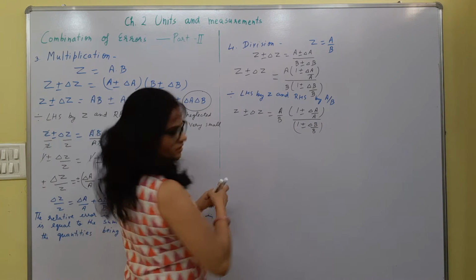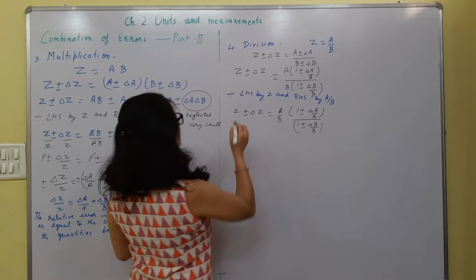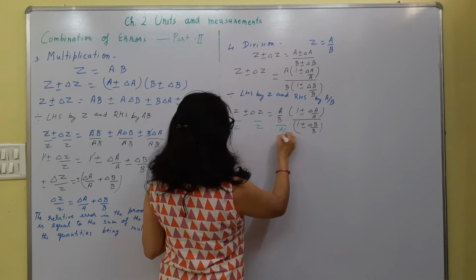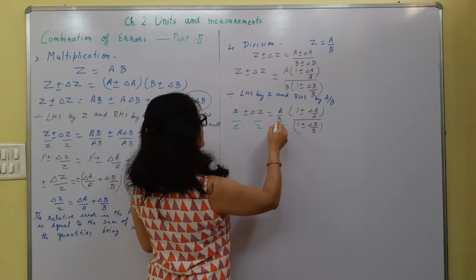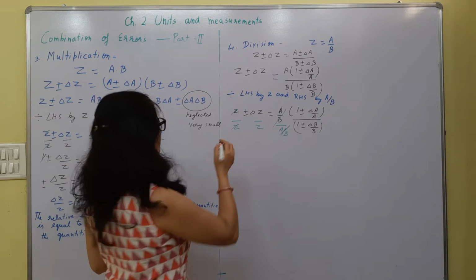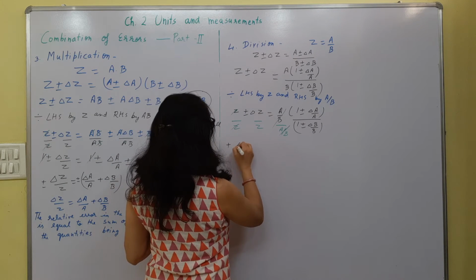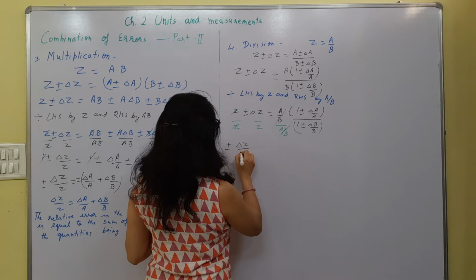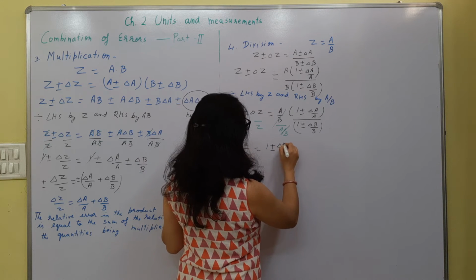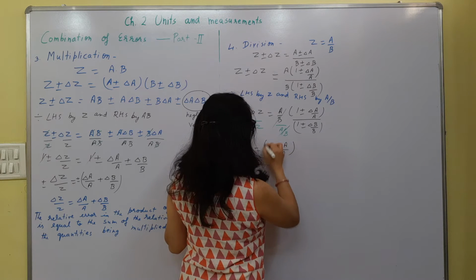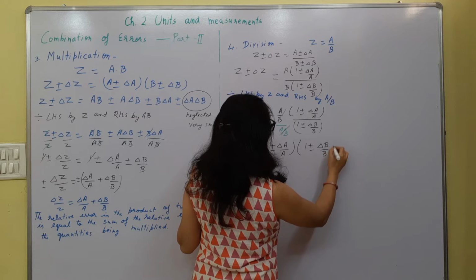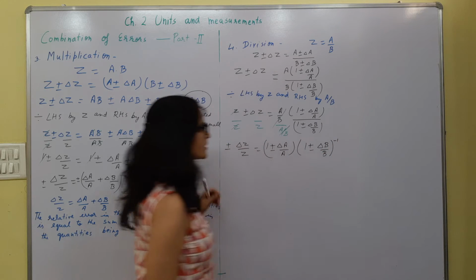So I am dividing the left side by z and the right side by a upon b. So this will be cancelled and this will be cancelled. What will I get on the left side? I'll get plus minus delta z upon z is equal to 1 plus minus delta a upon a into 1 plus minus delta b upon b to the power minus 1.